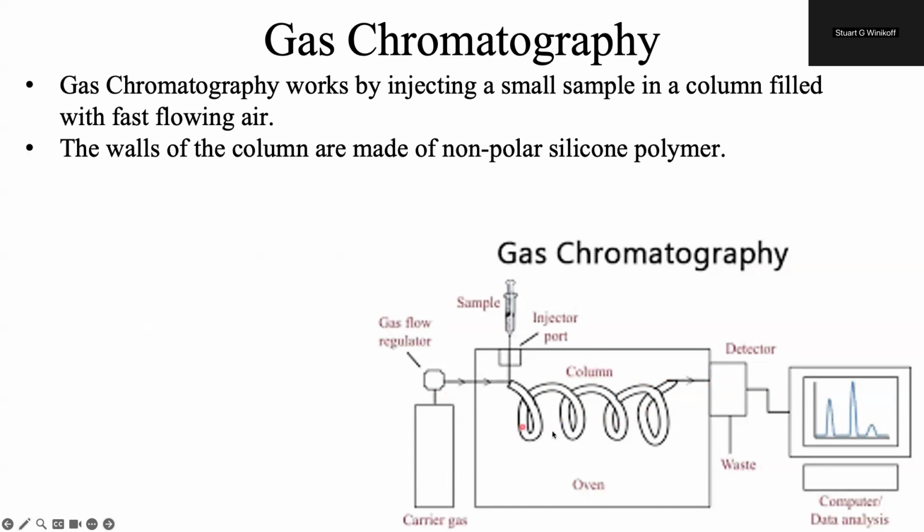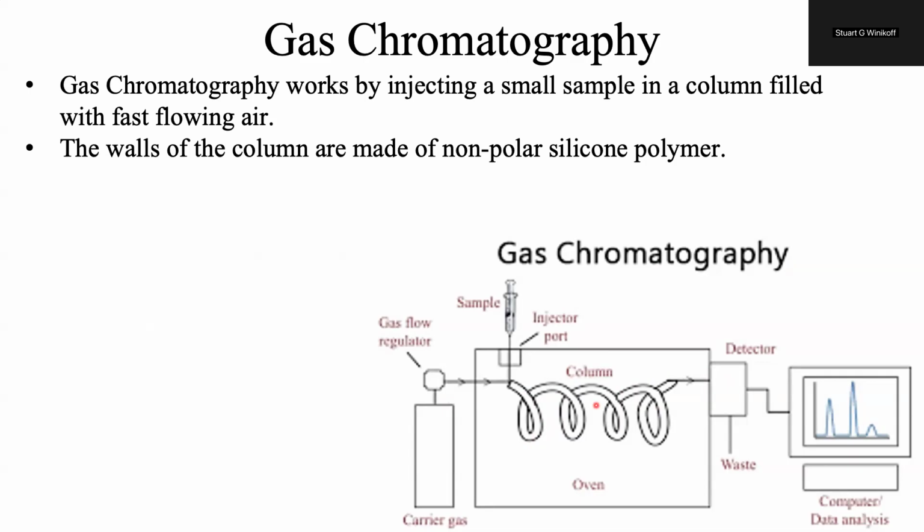The walls of the column are going to be made of a nonpolar silicone polymer. So we've got a nonpolar stationary phase, as opposed to the polar one in TLC. This means that larger nonpolar compounds are going to travel slower.